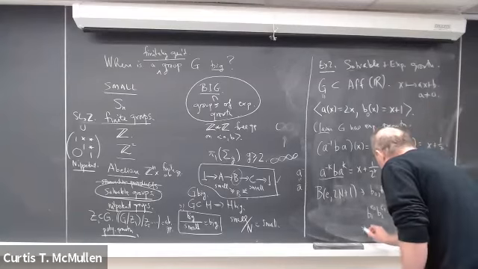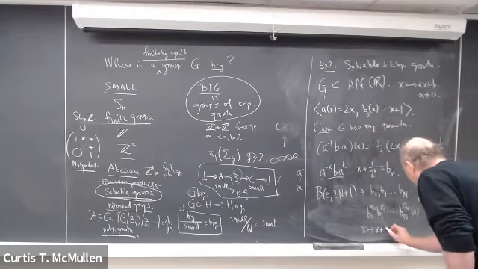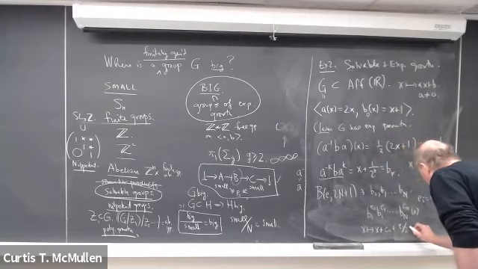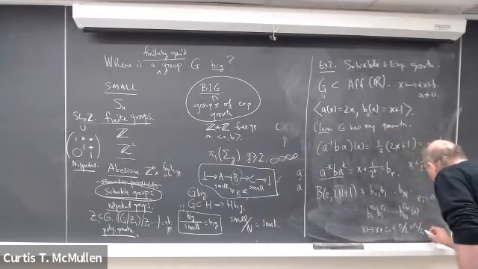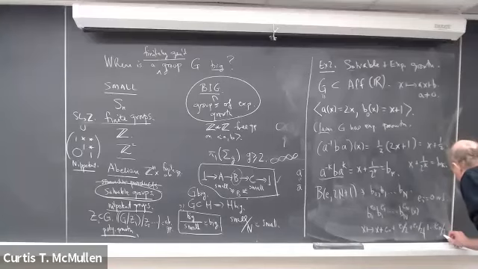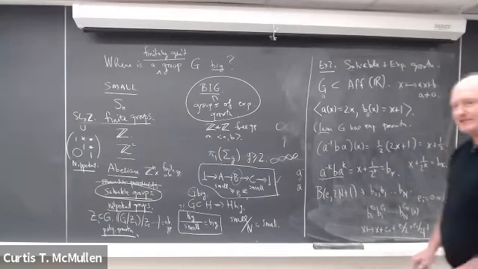It gives X goes to X plus E0 plus E1/2 plus E2/4 plus up to En/2 to the n. And of course, all of these elements are distinct.